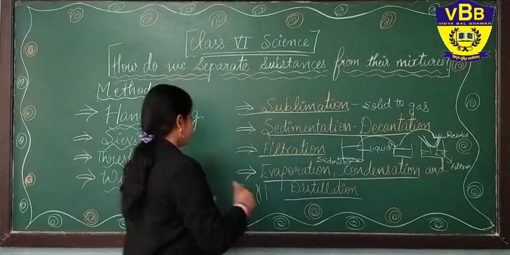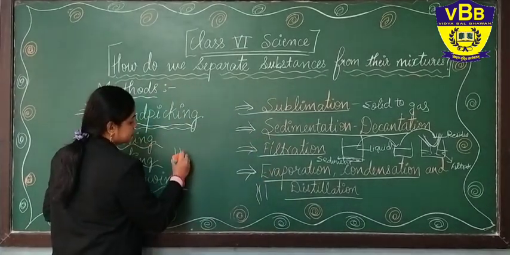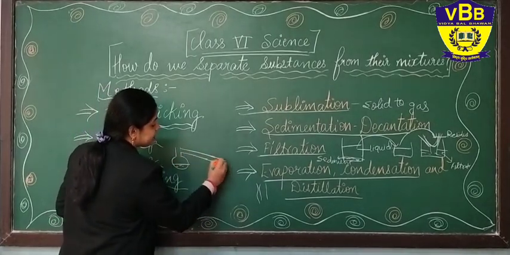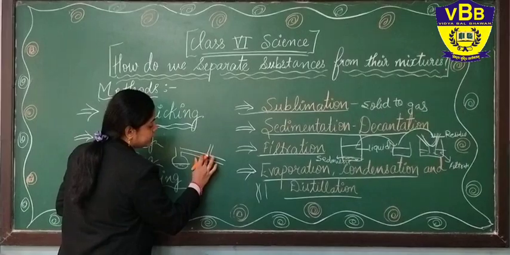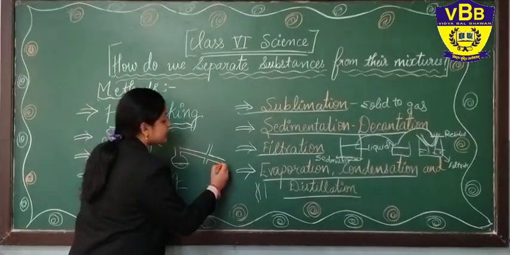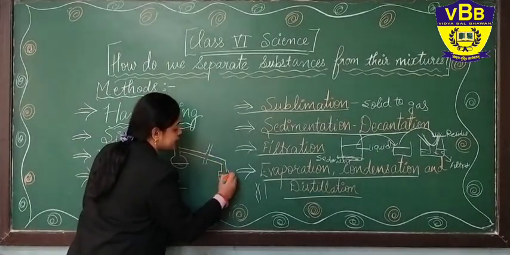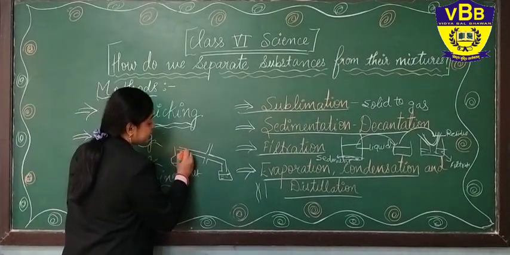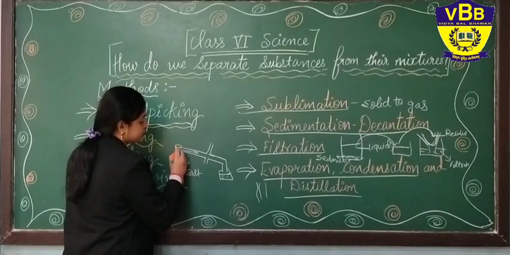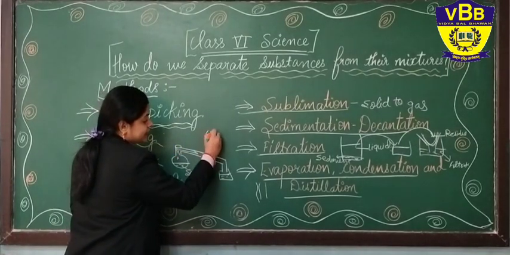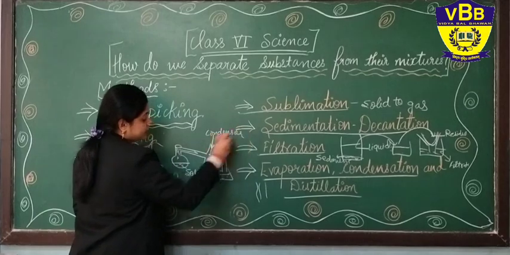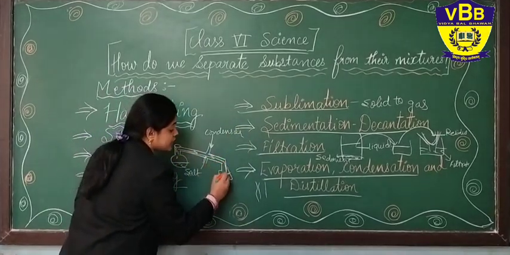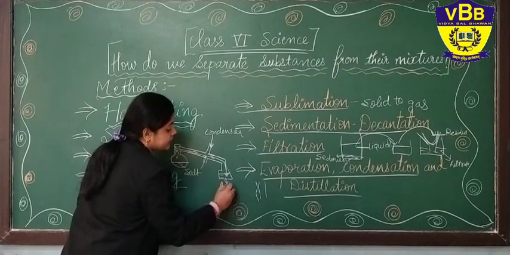For example, I will give you a short sketch of this. This is the flask in which salt water is kept, and this is the condenser through which we pour down the cooling effect, and afterwards it is collected in another beaker. So here the salt remains, the water goes here after the evaporation process, and the condenser cools down this evaporated water, due to which it is collected here as liquid.